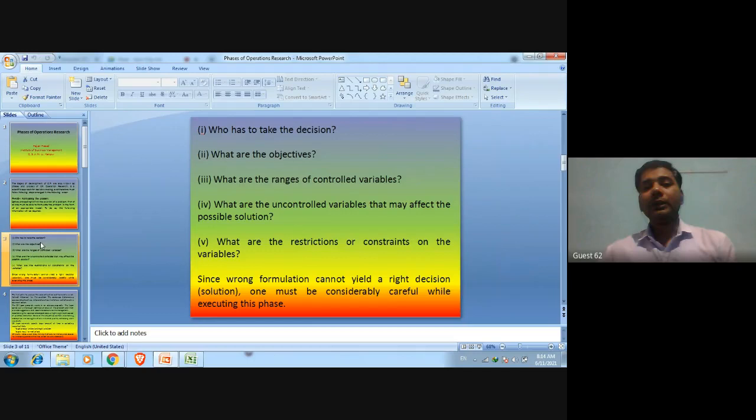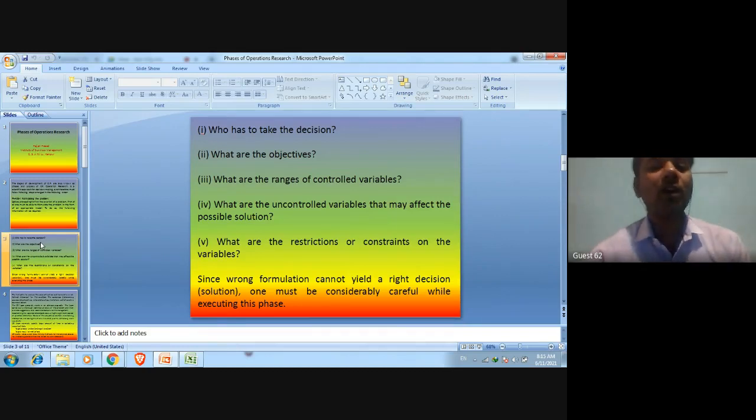So let us look here. Who has taken the decisions? Who has taken the decision in the organization? This is also a factor which can be a reason for a problem. Okay. What are the objectives?